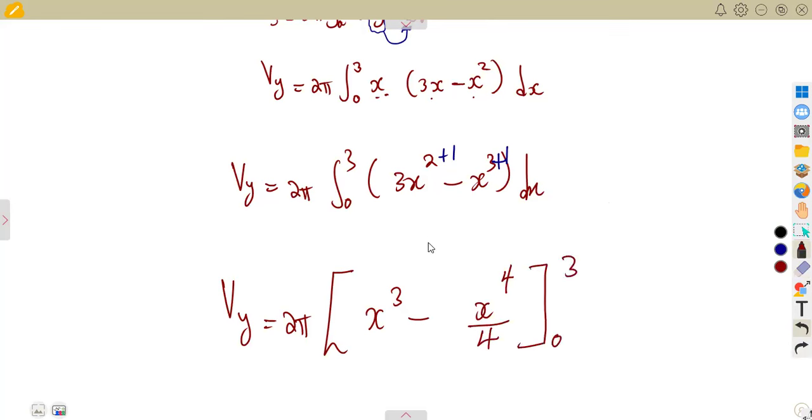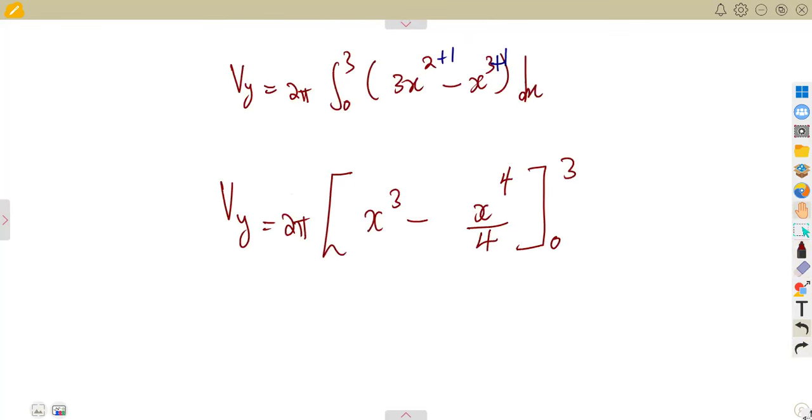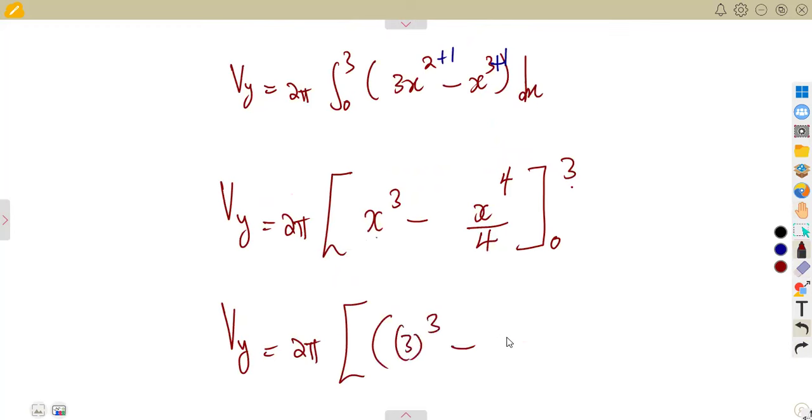That is it. We are working with something for x, but the volume is for y. So if you're doing that, you are using the shell method. So Vy is going to be 2 pi. We substitute our upper limit. When x is 3, that will be 3 to the exponent of 3 minus 3.